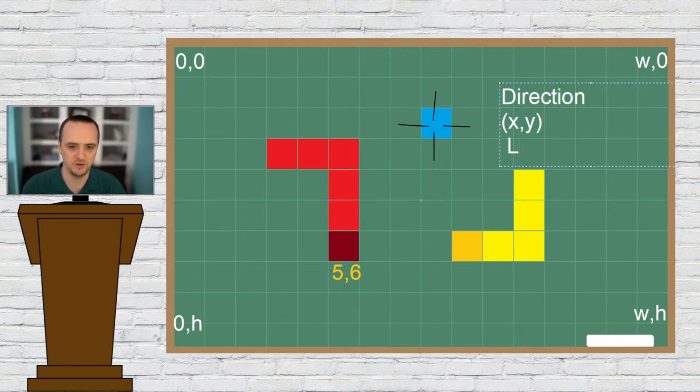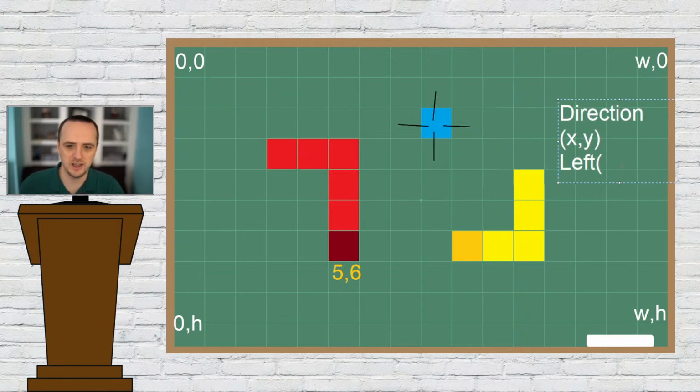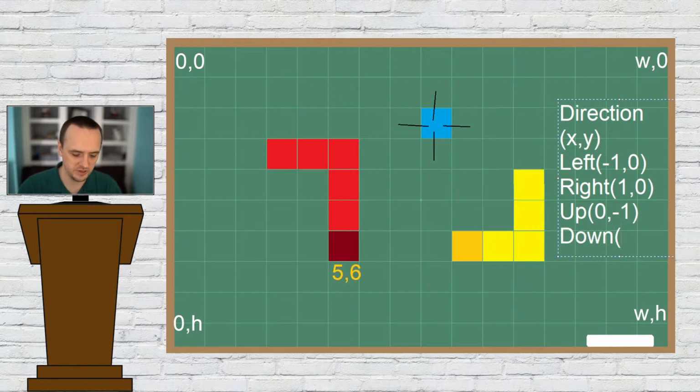So for example, left would be -1 in the x and 0 in the y direction. Right would be 1 in the x and 0 in the y. Up would be 0 in the x and -1 in the y. And down would be 0 in the x and 1 in the y.